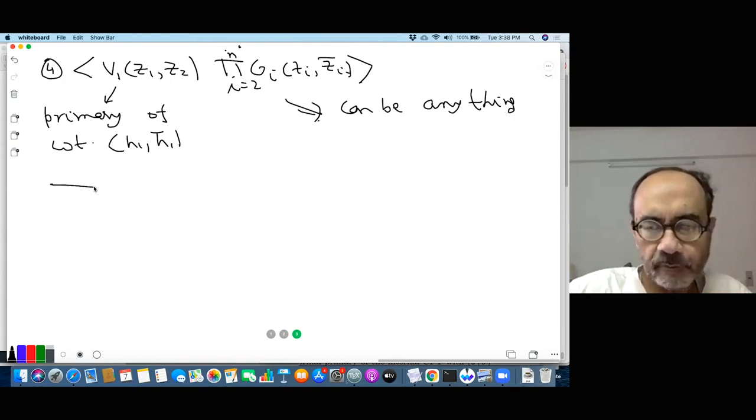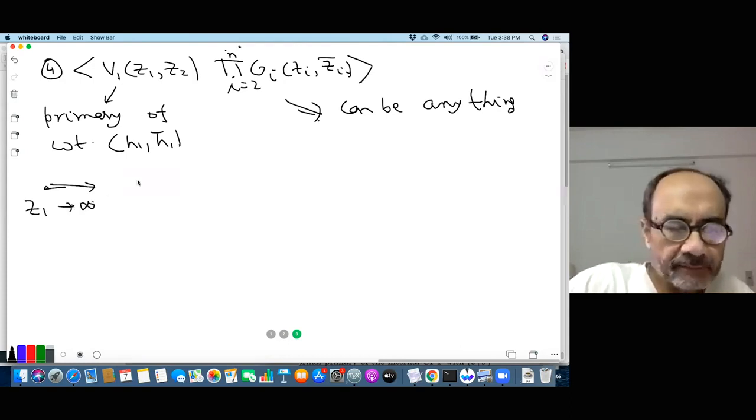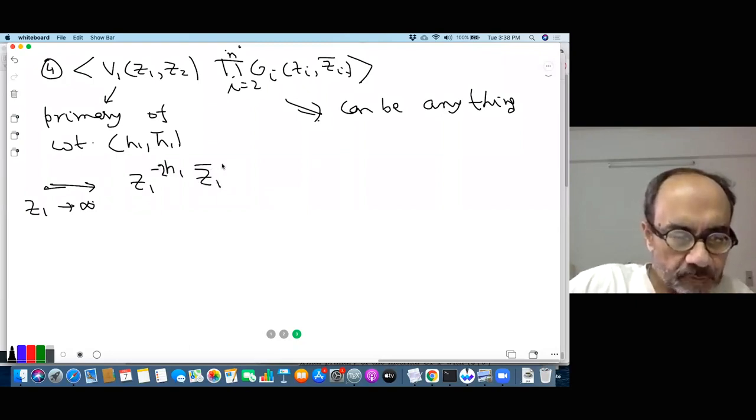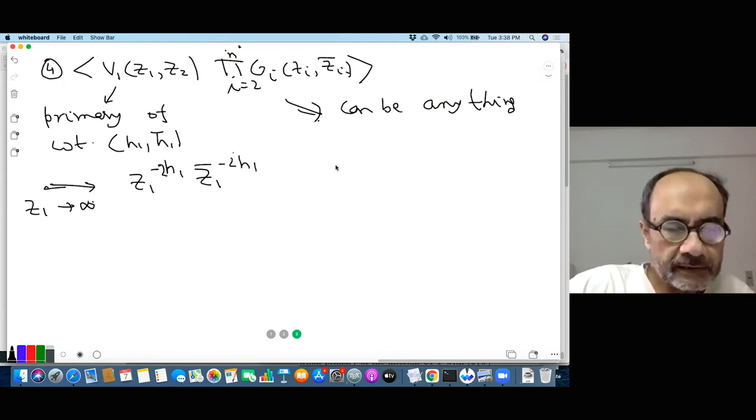Then for large Z1, this falls off as Z1 to the minus 2H1, Z1 bar to the power minus 2H1 bar, times some function of the rest of the coordinates.